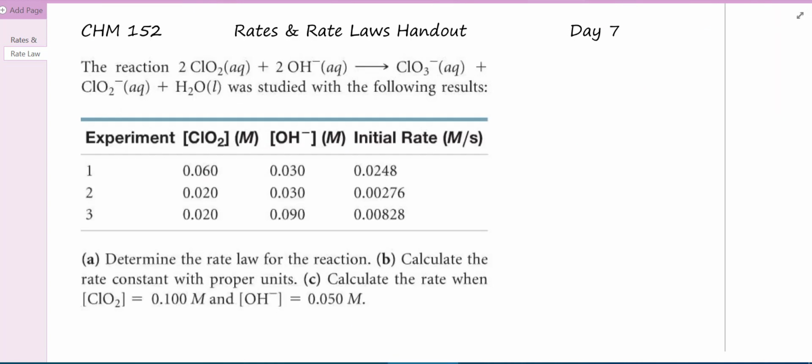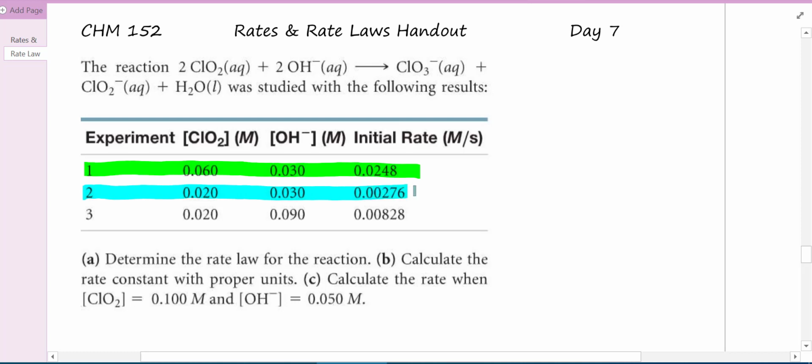Alright, the next one on this video is another method of initial rates. Again, I've got experiment 1, I'll do in green, experiment 2 in blue, and experiment 3 in pink.